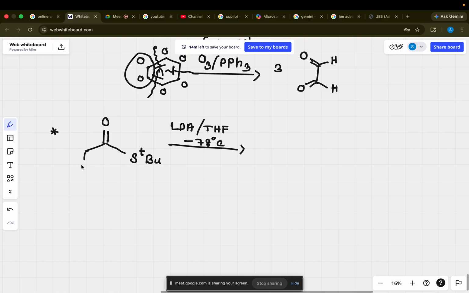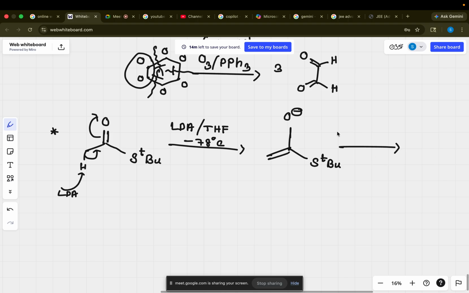So the LDA will abstract the proton from this side. So you are getting an enolate. Which enolate? You will get double bond here, O minus here, and here you have S tertiary butyl. This one you are getting.